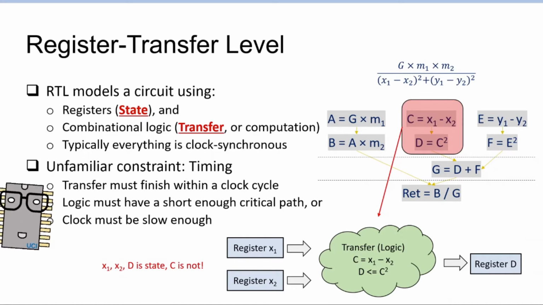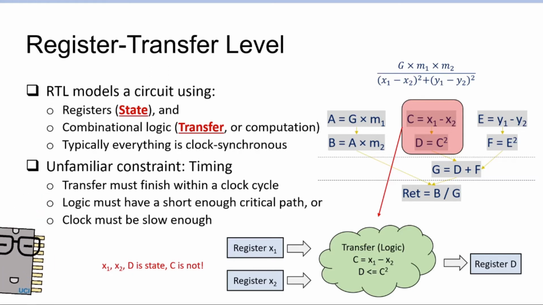Anyways, so the logic must have a short critical path which can fit in the clock cycle, or the clock should be slow enough. The clock cycle should be long enough to fit the longest critical path of any RTL component in the whole design. And that's the part that is, I think, the biggest hurdle in doing hardware design for FPGAs.